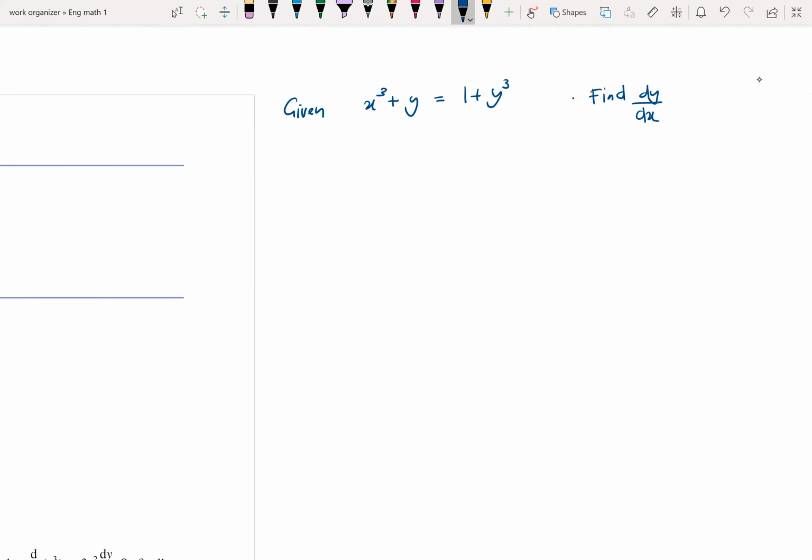In this case, we see that we cannot separate x and y explicitly.